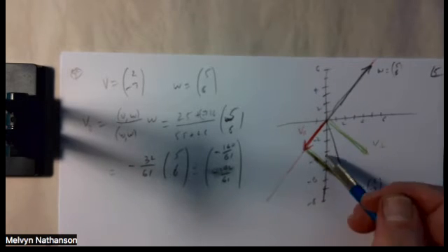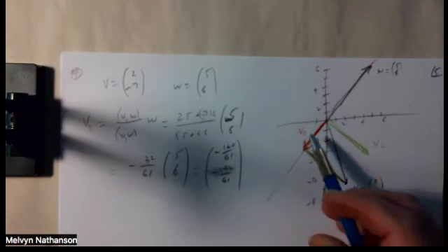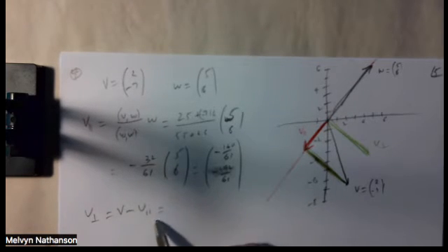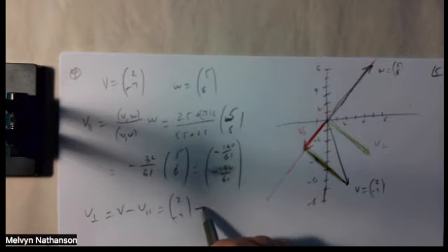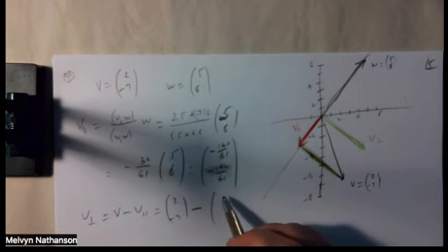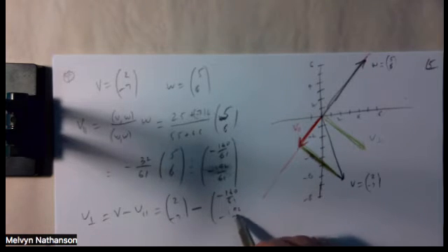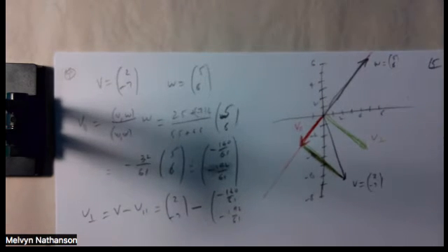And the perpendicular component of the vector v with respect to w is v minus v parallel. So that's (2, minus 7) minus the vector (minus 160 over 61, minus 192 over 61).